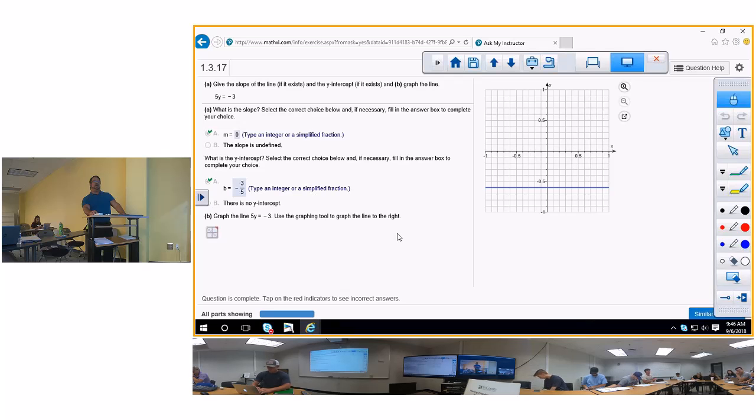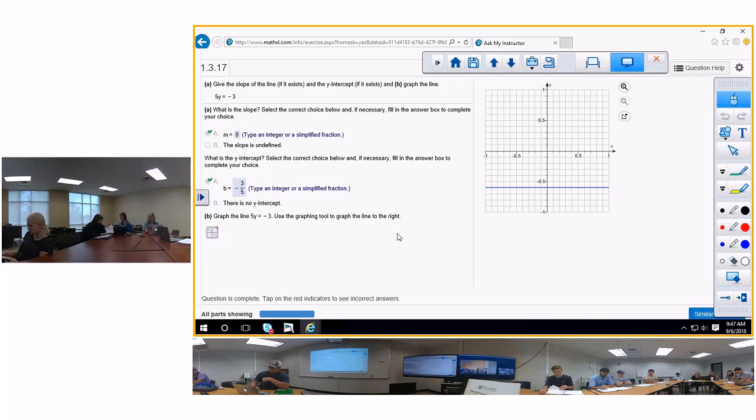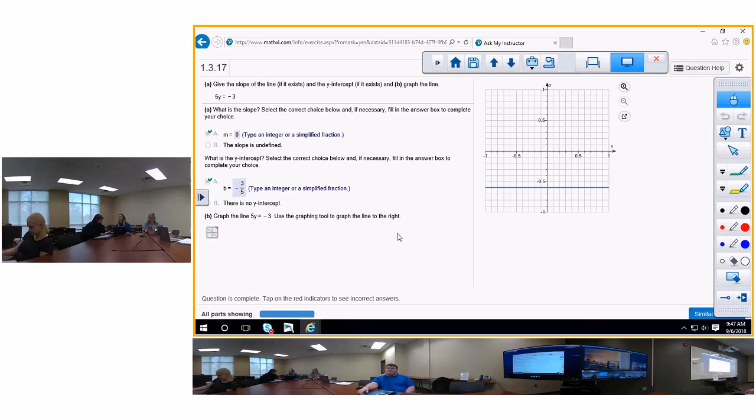Now, did I go over review of graphing? Did I do that? Because I get y'all mixed up with my 110 class. Yes or no? Yes. Okay, turn to that section of your notes. What does it say when y is equal to a number? When y is equal to a number, it's parallel to what?